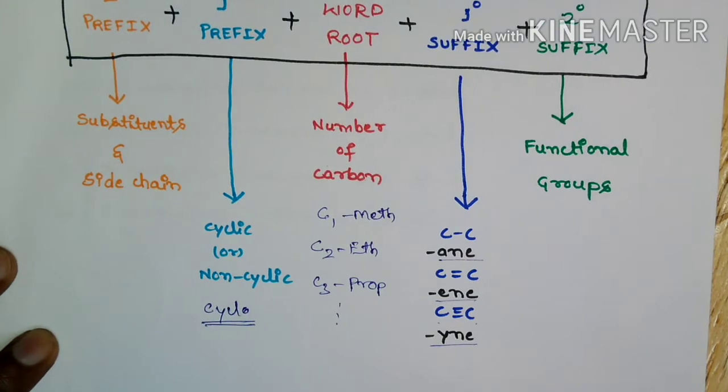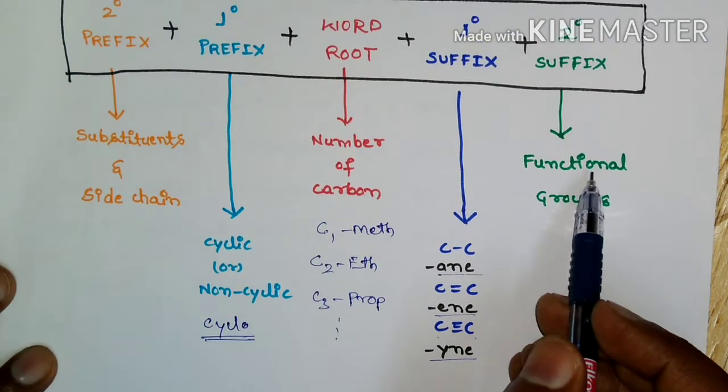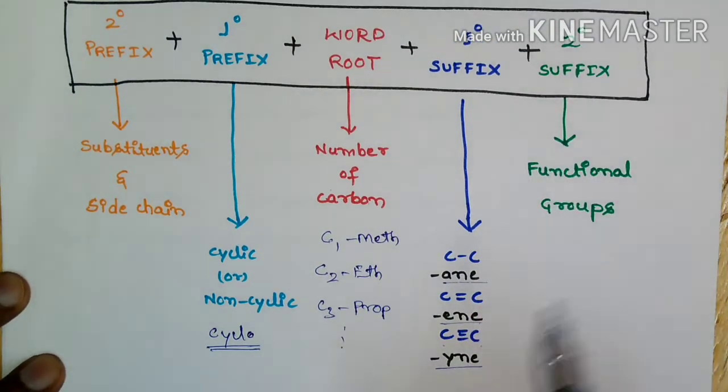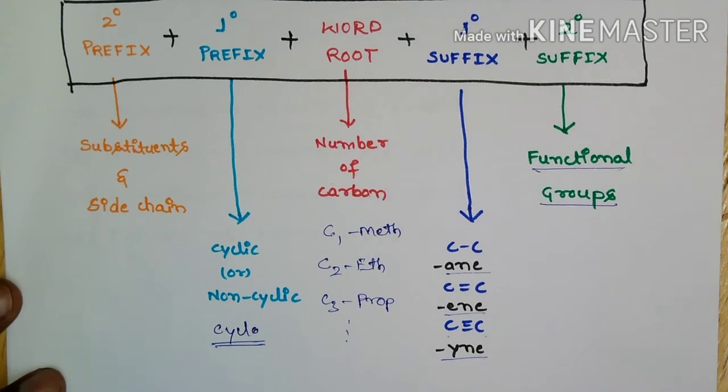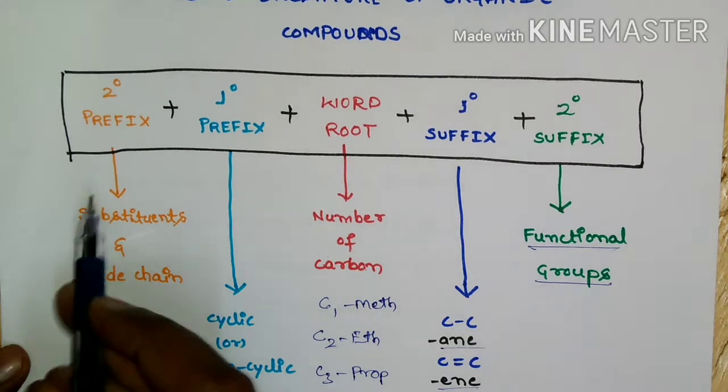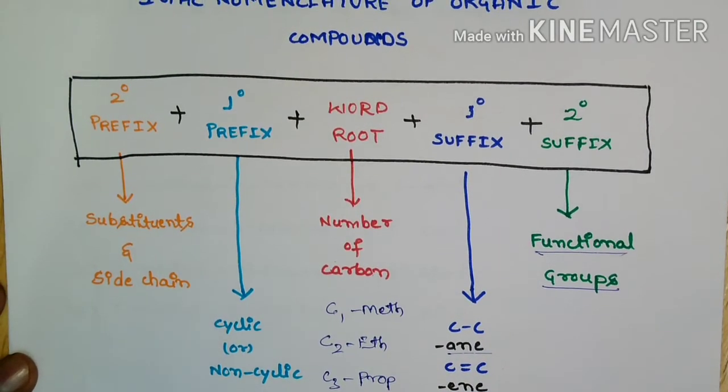The last is the secondary suffix, which gives the functional groups present in the molecule, added at the last. This is the important formula for IUPAC nomenclature.